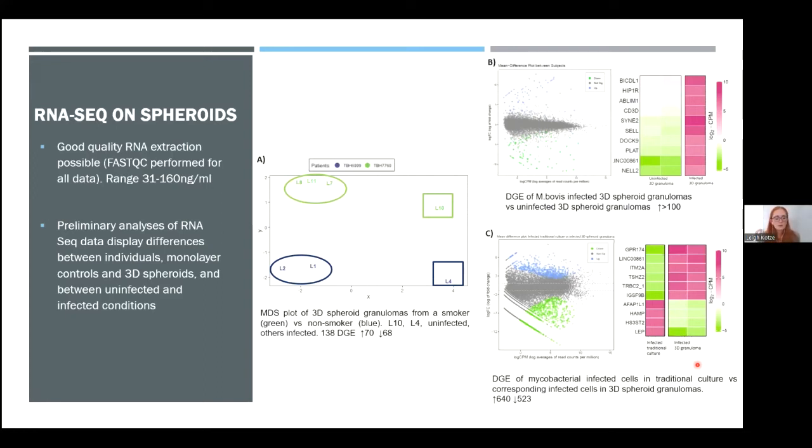And I must just point out here as a reminder that our granuloma structures were identical in size, in cell source ratio and composition to our traditional models. So both monolayer and granuloma culture had the same number of cells at the same ratios and the same types.